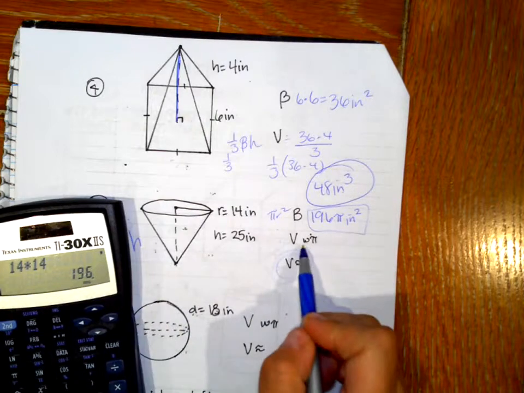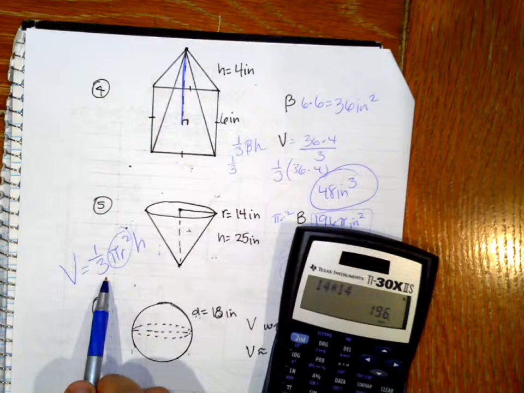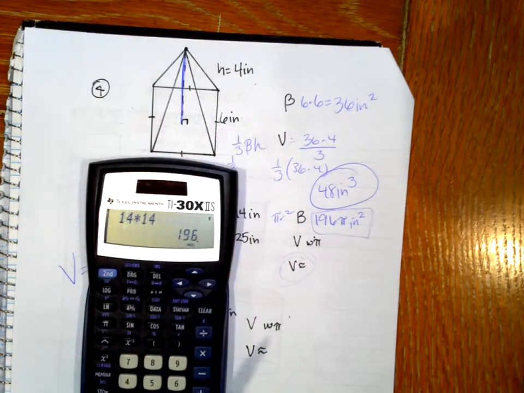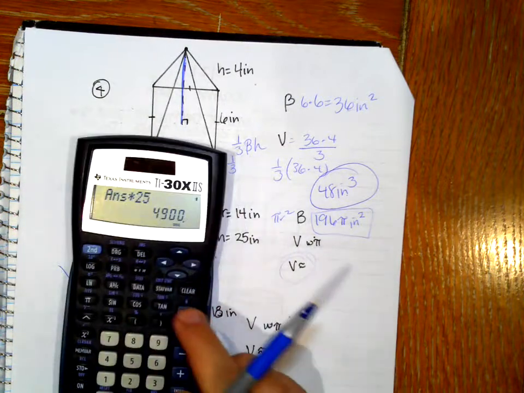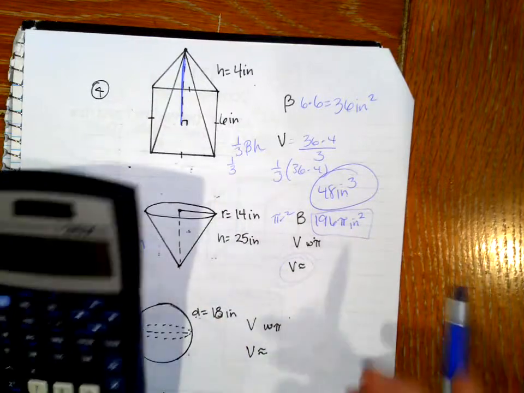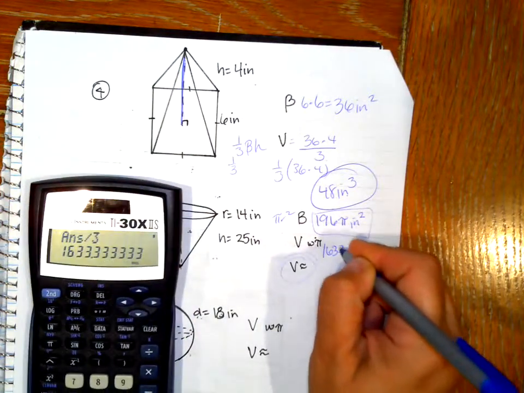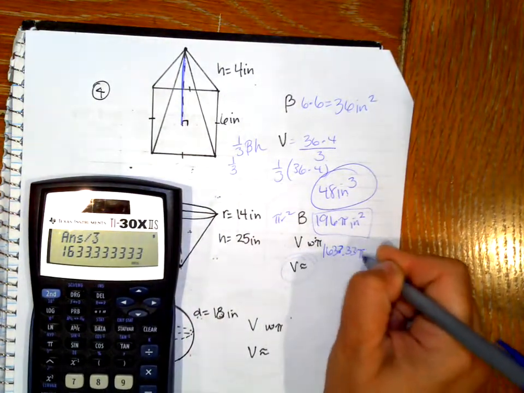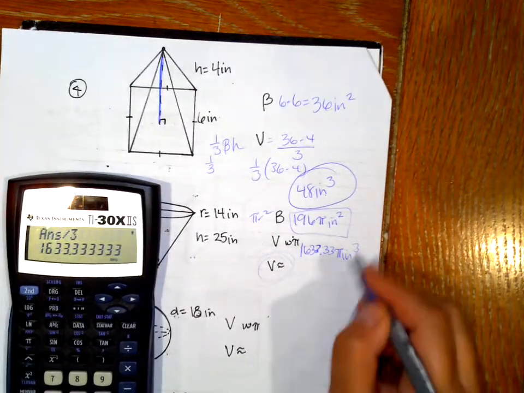I'm just going to multiply it by the height, which is 25, and I still need to divide it by 3. So 196 times 25 gets me 4,900 divided by 3. It's going to give me 1633.33 pi inches cubed. So for this one, you leave your answer in terms of pi.